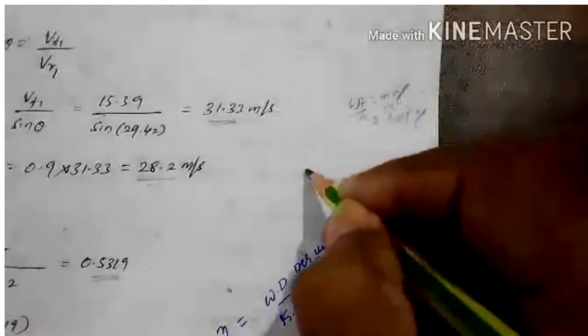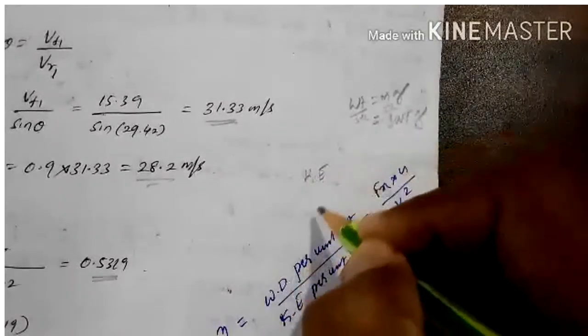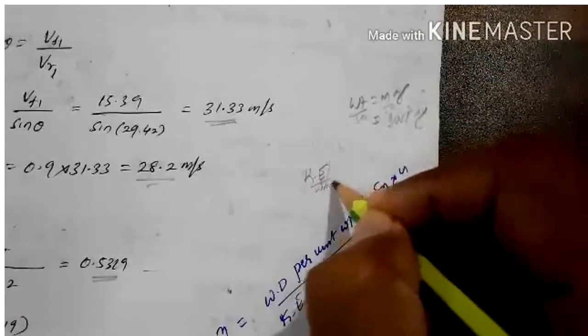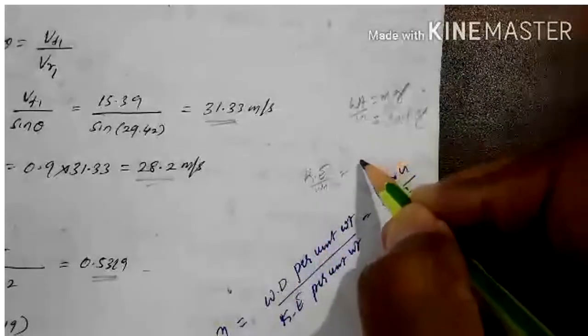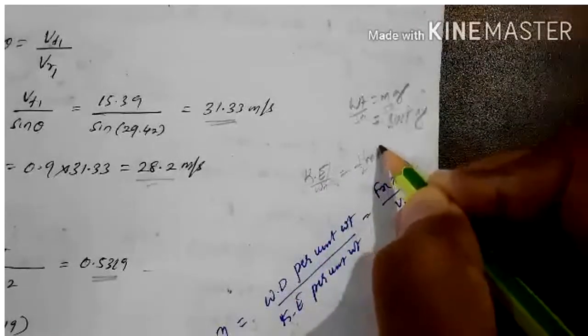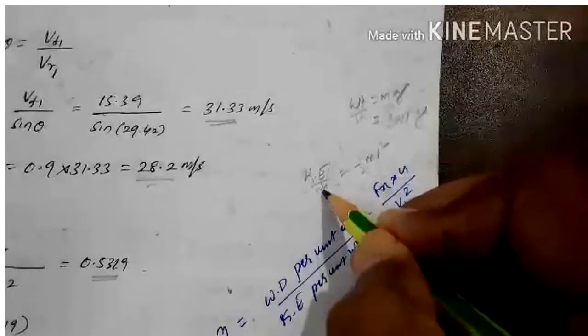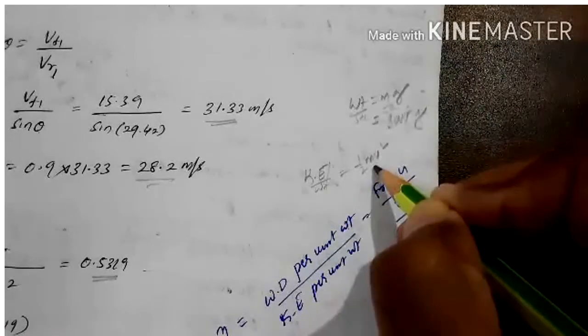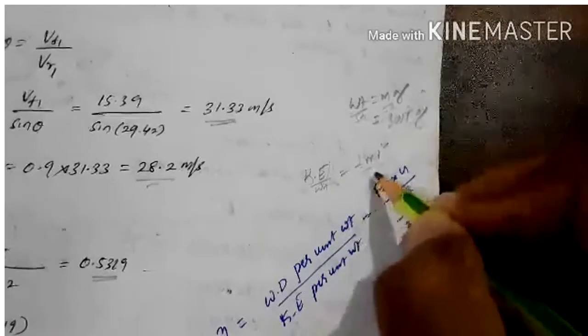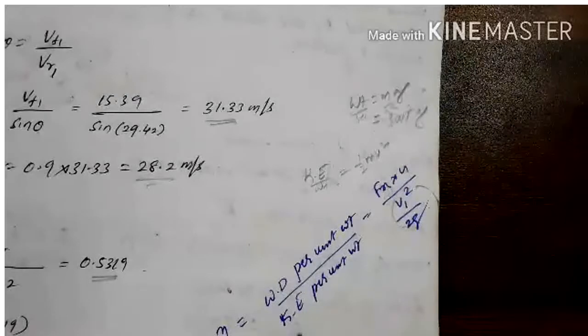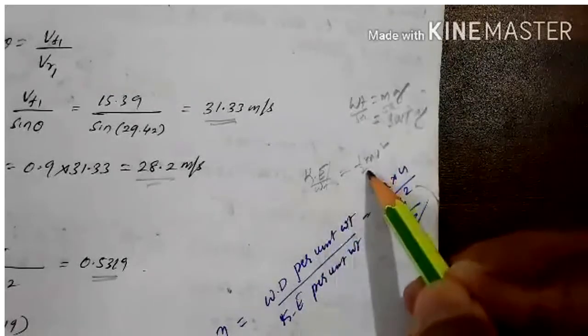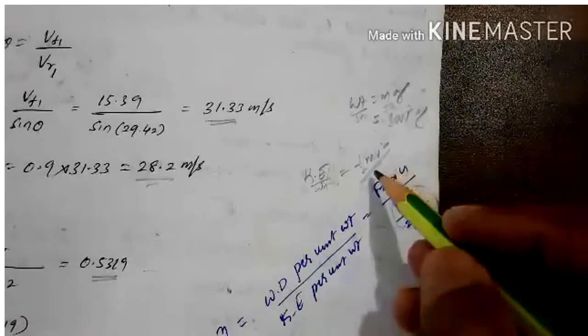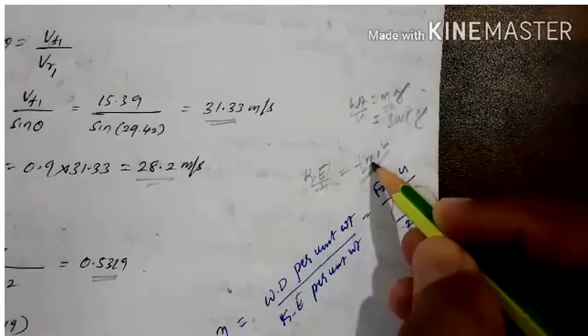But kinetic energy per unit weight. Kinetic energy per second per unit weight. When you write half m v square, but per unit weight, you divide by this one. Again mass per second.